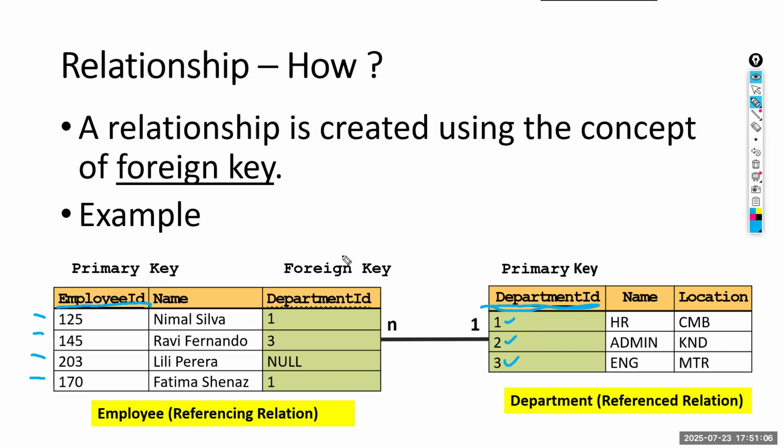Foreign key is used to create a relationship between tables. So what is a foreign key? A field in a table which is mapped to the primary key of the related table. So always your foreign key is mapped to a primary key of another table, and that creates the relationship.